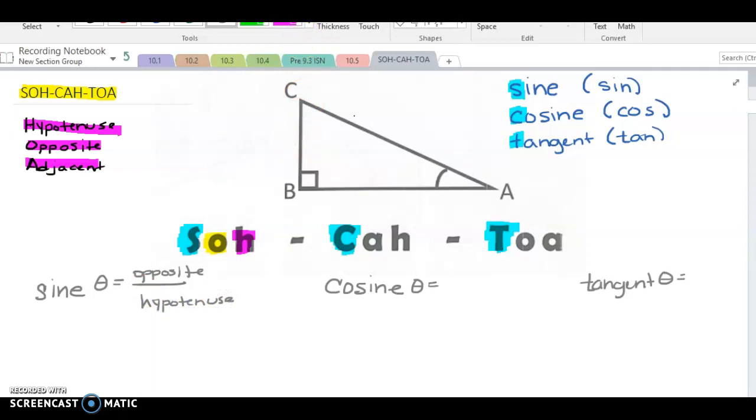So always when I ask you to find the sine of something, it's always going to be the opposite over the hypotenuse. We know that because of the S, the O, and the H.